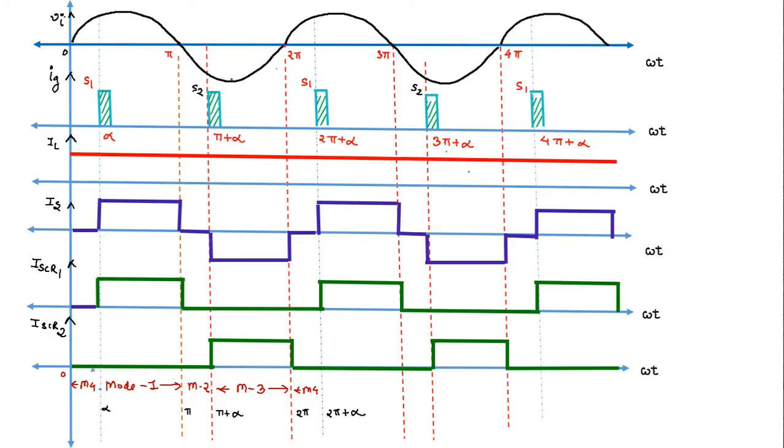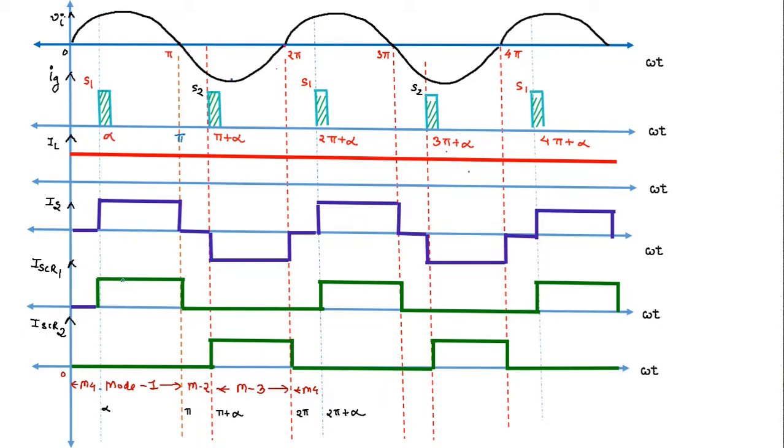Now first we will consider mode number 1. This is mode number 1 which goes from omega t equal to alpha to omega t equal to pi. What will be the source current? Source current is equal to load current. So we will take one line of this magnitude only. What will be the SCR current?